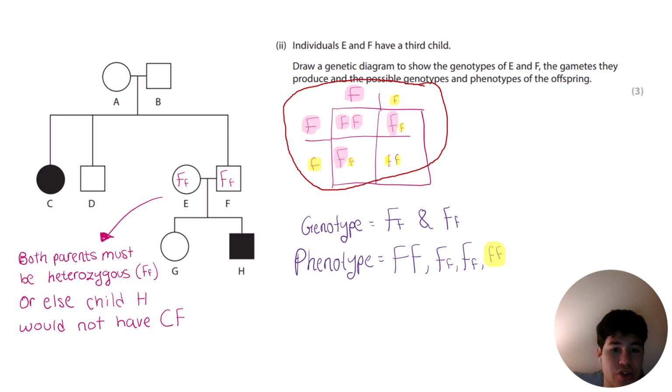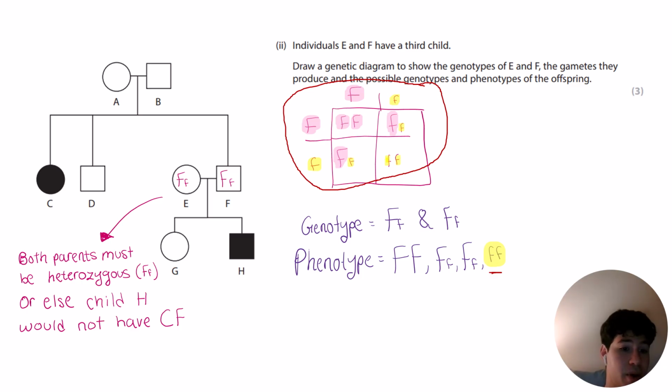So the genotype for the parents is capital F, lowercase f, and capital F, lowercase f. The offspring are going to be FF, Ff, Ff, and ff, which is, again, homozygous recessive. Homo meaning same, recessive meaning repeated.